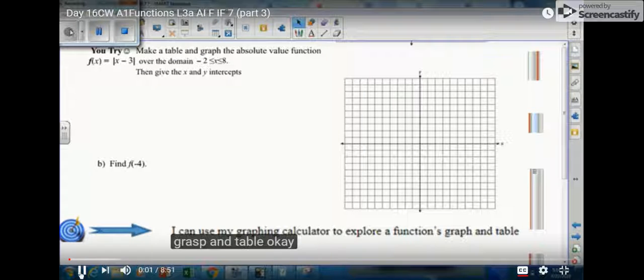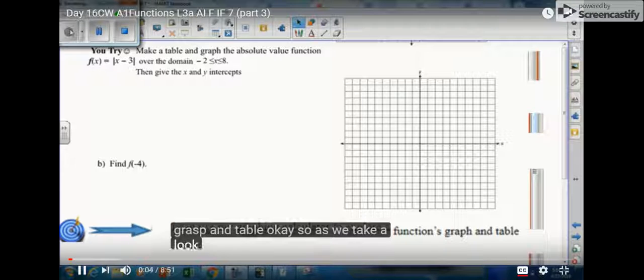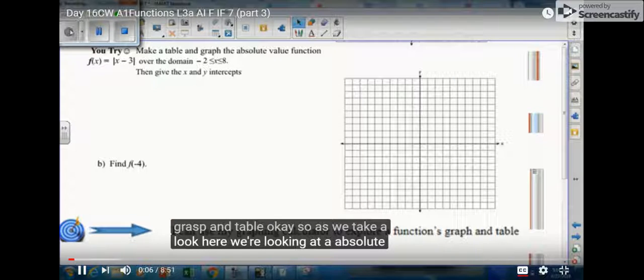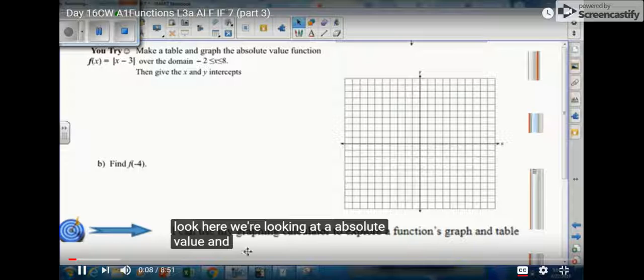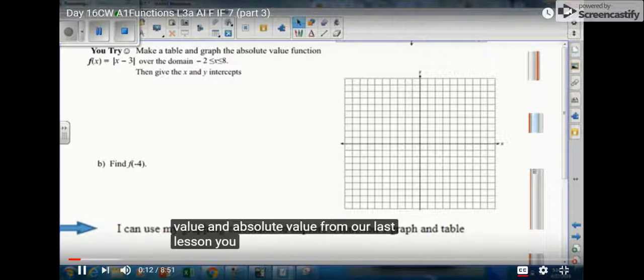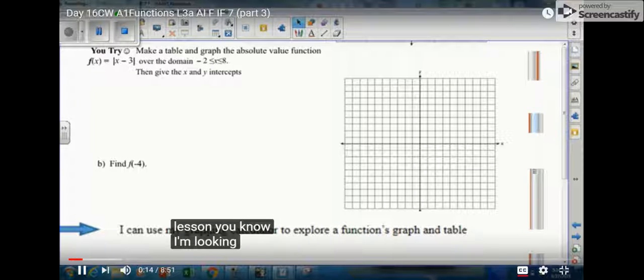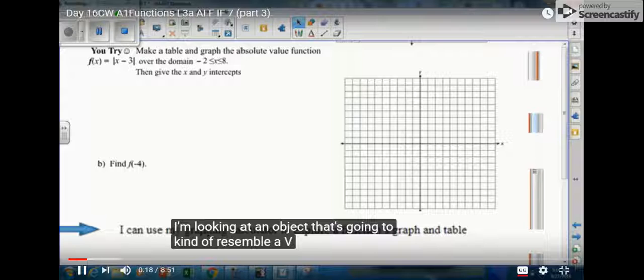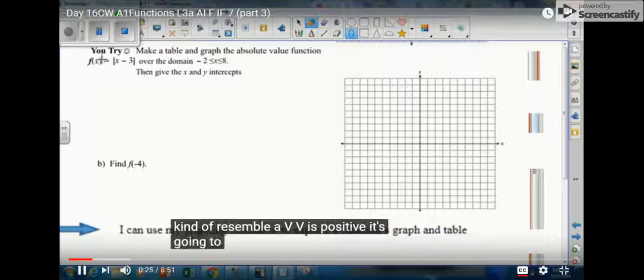Graphs and tables. Okay, so as we take a look here, we're looking at absolute value, from our last lesson. I'm looking at an object that's going to resemble a V. When the V is positive, it's going to be right side up.